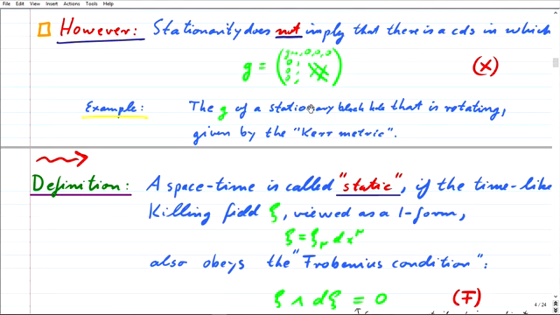So we say that a spacetime is not only stationary, but also static if the metric can be put into this form.